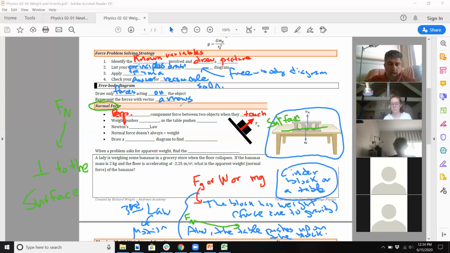So weight pushes down, right? The weight from the block is pushing down. So the table pushes up. That's totally third law.